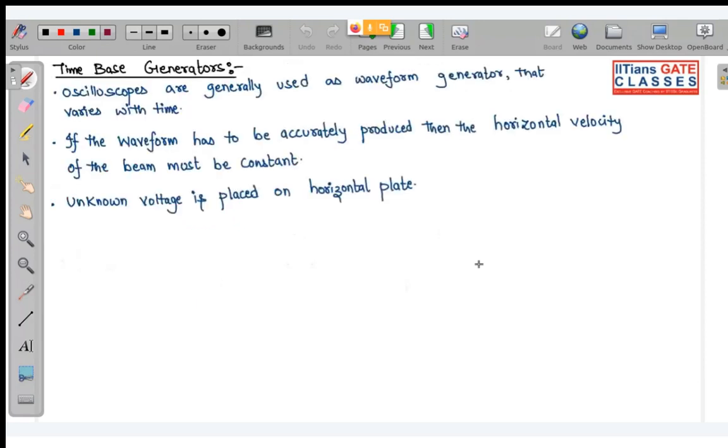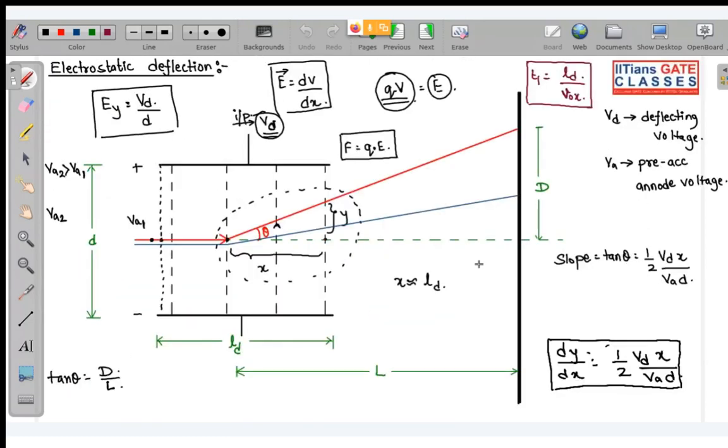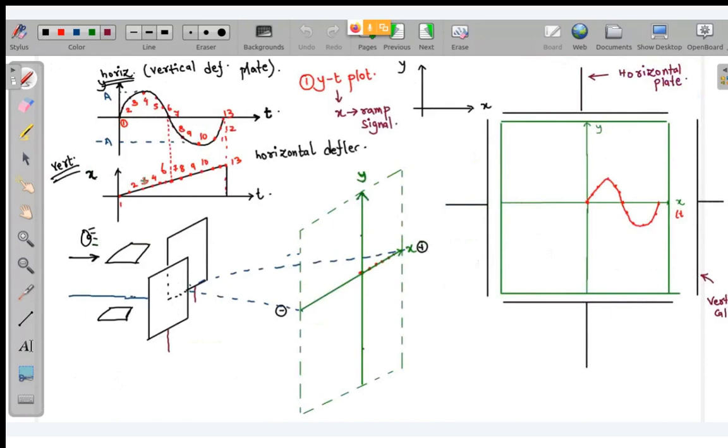Okay. So the next topic that we have is the time-base generator. Now, what is this time-base generator? See, when we had plotted this signal, this was given to my horizontal plate.